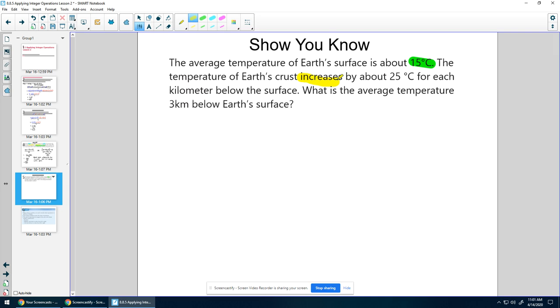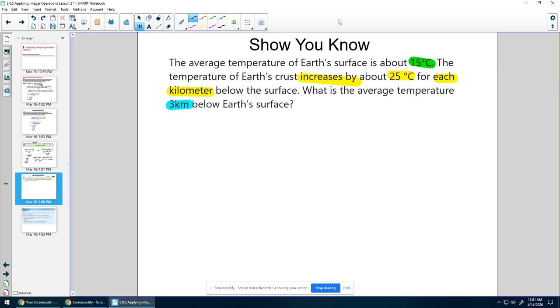Temperature increases by 25 degrees Celsius for each kilometer below the surface. What is the average temperature 3 kilometers below?